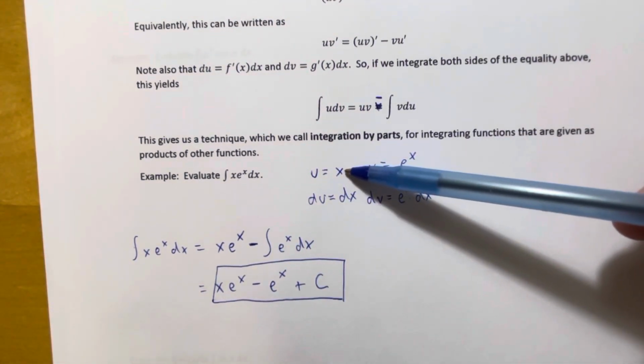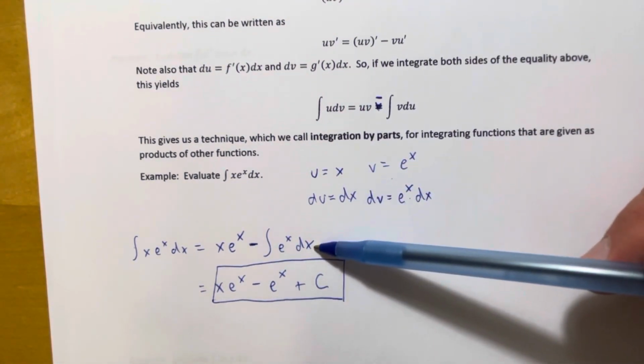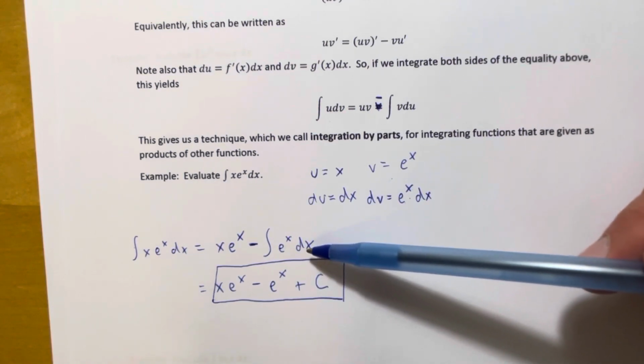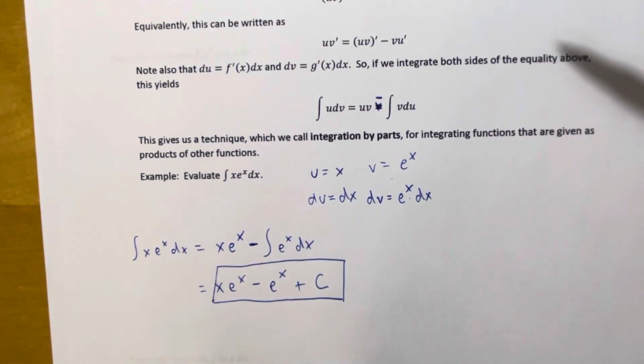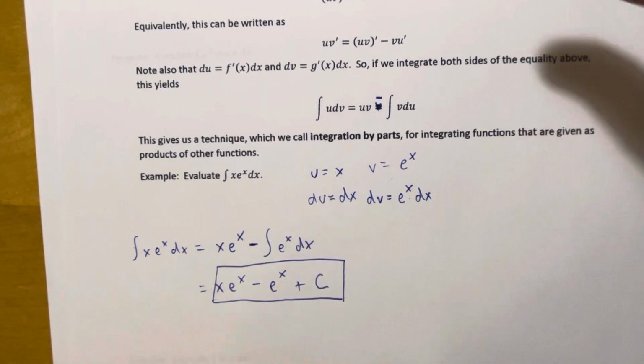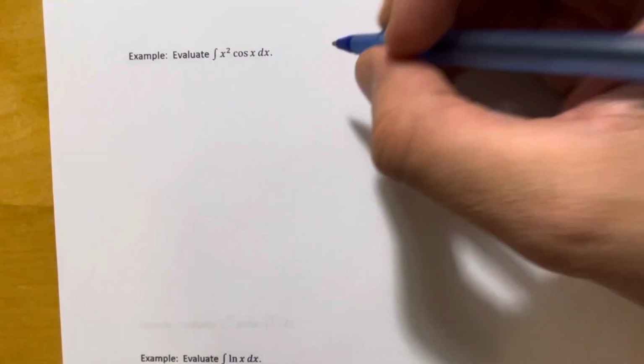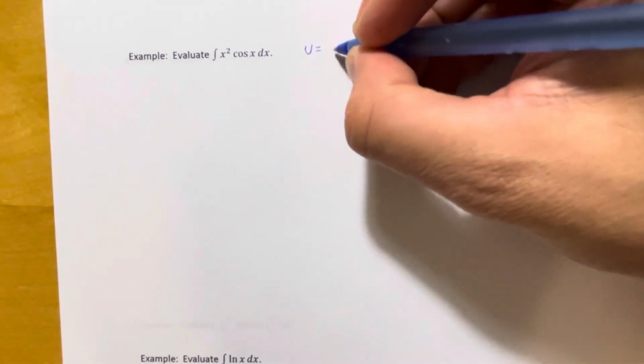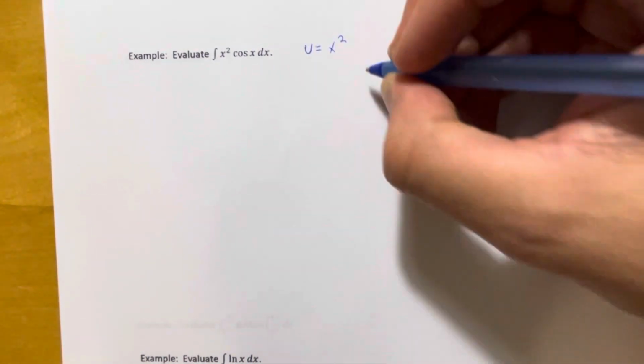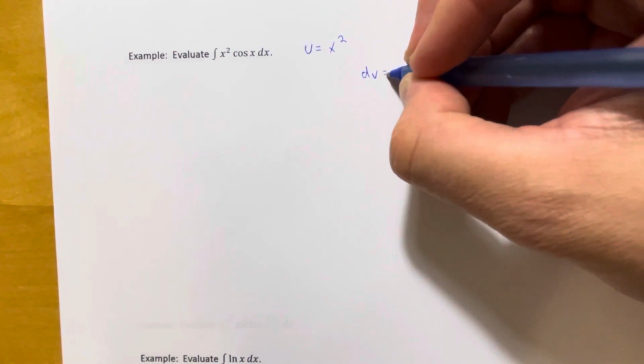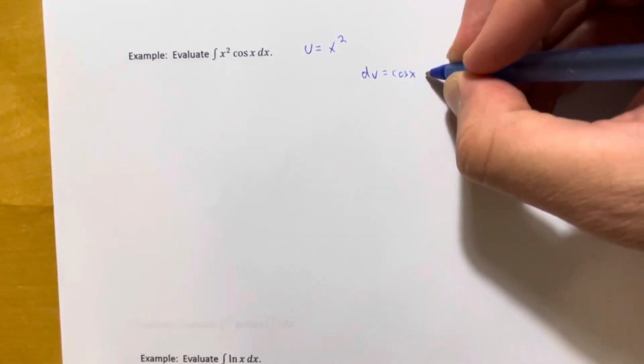So this x shrunk down to a dx, which was a much more manageable thing to be showing up in this integral than the x was. So oftentimes, if we have a factor in our integrand that looks like a polynomial, in many cases, it's best to let U be that thing. Okay, in which case dV now is going to be cosine of x dx.